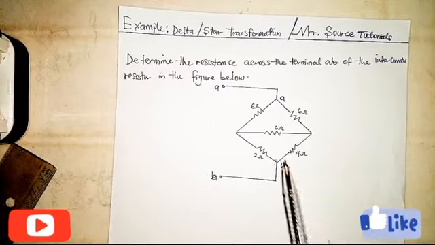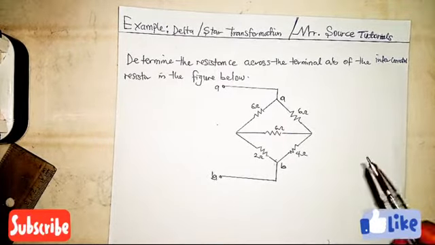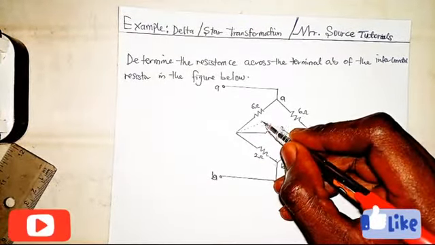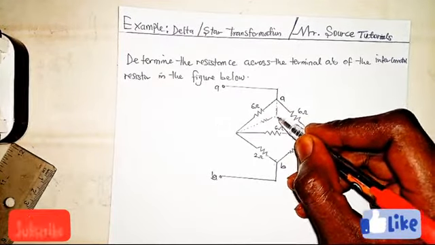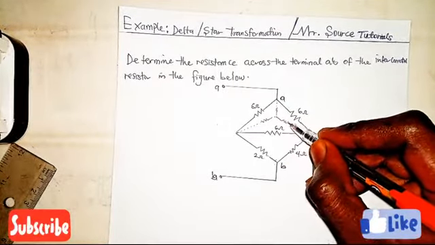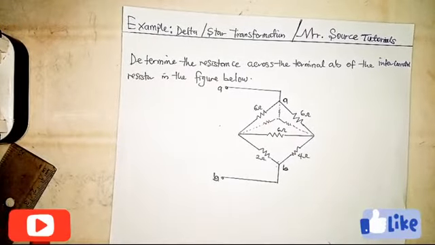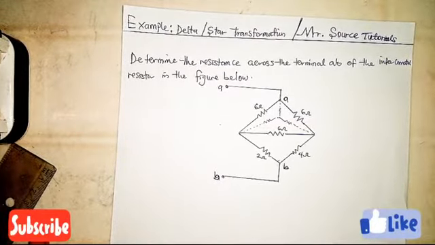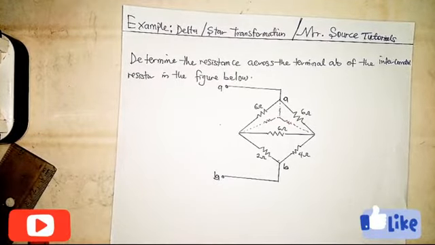If you are considering this part to be the delta connected side, what we are looking at is for us to have a corresponding star network like this. It's worthy of note, for convenience's sake, to always label these terminals so that you can carry out your calculation.